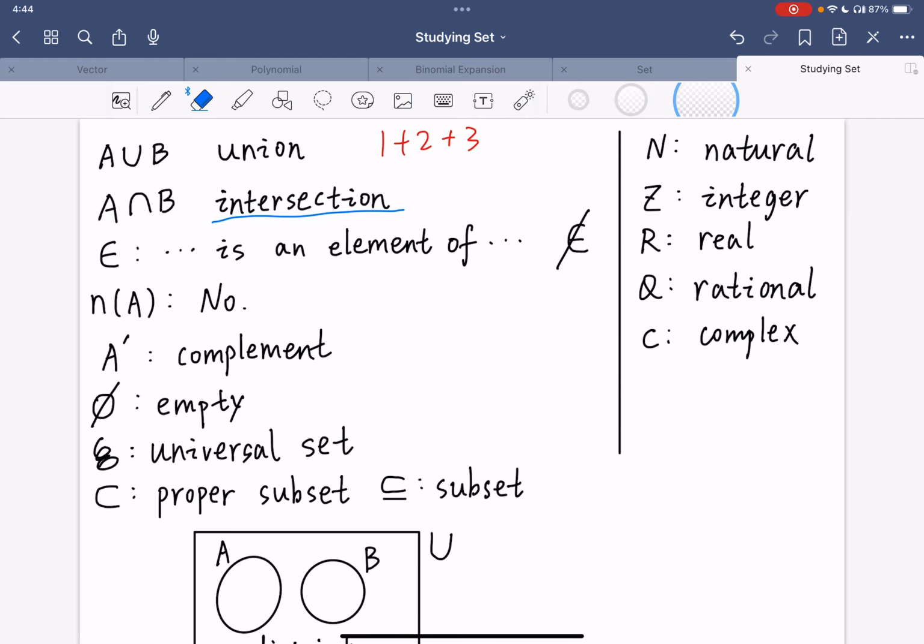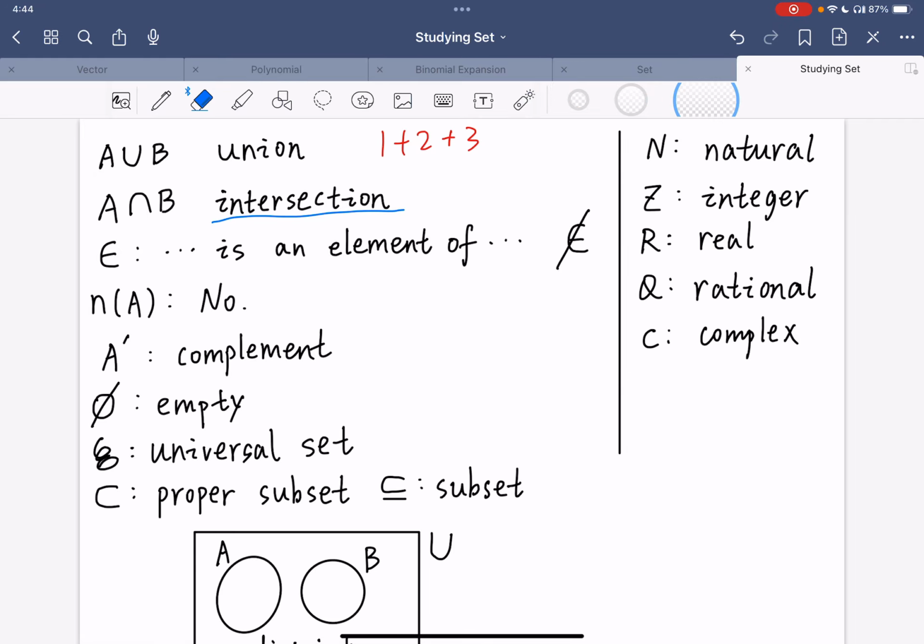We call it a disjoint set. And we can also say that A ∩ B equals the empty set. No parts, no overlapping. So that is the definition for the empty set.